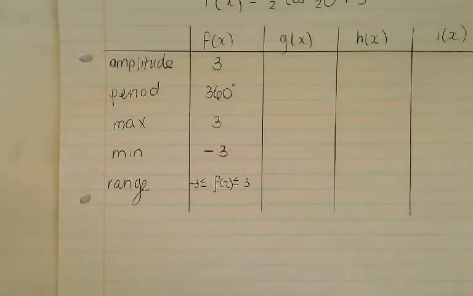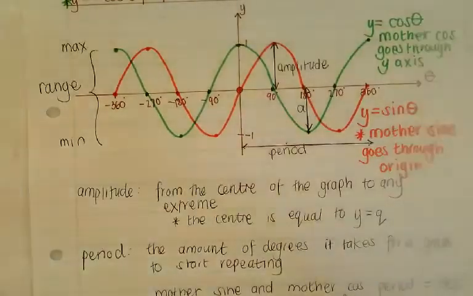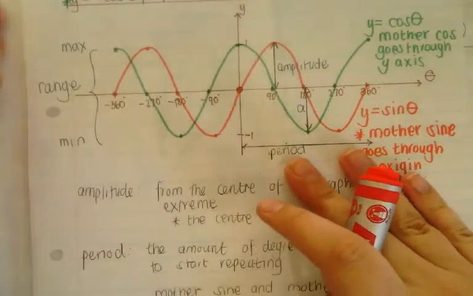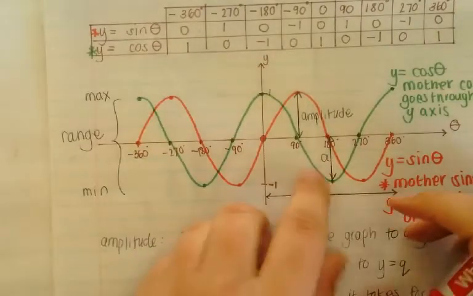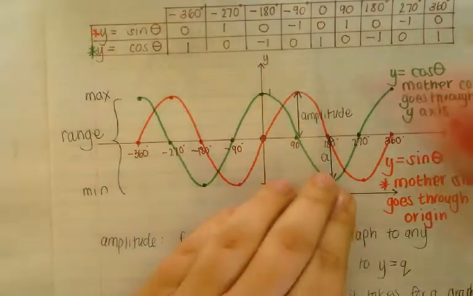How would this change my graph? What would this look like if I had that standard sine graph and now I'm saying 3 sine theta? So I'm just going to show you quickly what this looks like if I had to draw it. I'm going back to my mother sine graph, which is red. My amplitude, which was 1 in the mother graph, is now going to be 3.